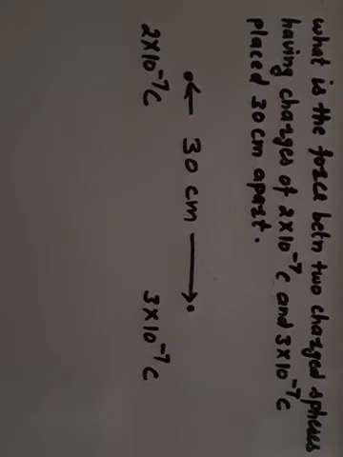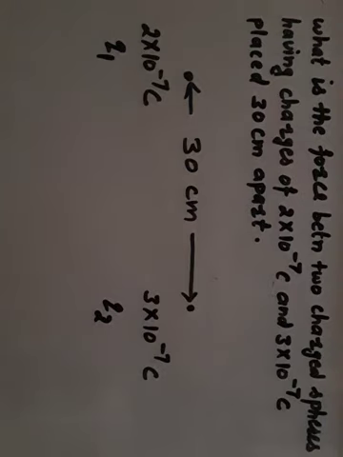Distance between these two charges is given by 30 centimeter. Now let us consider the charge 2 multiply 10 power minus 7 Coulomb as Q1. The charge 3 multiply 10 power minus 7 Coulomb is denoted by Q2.